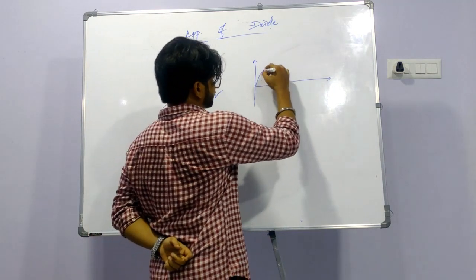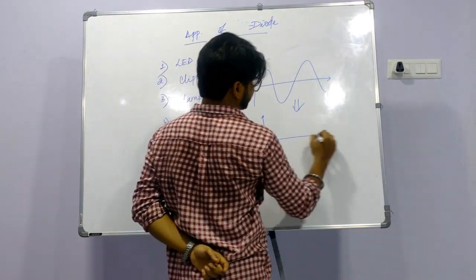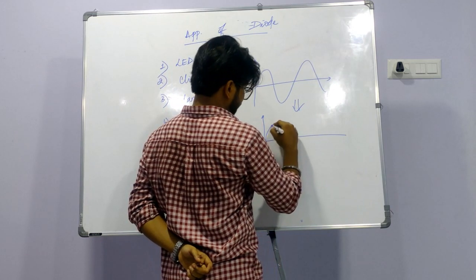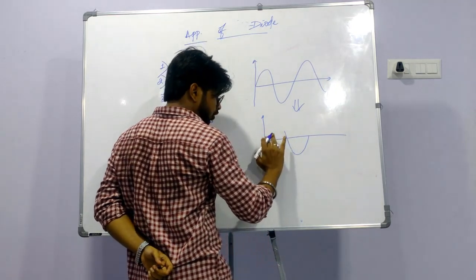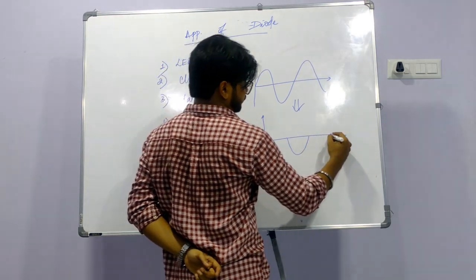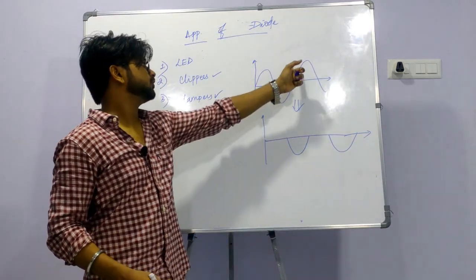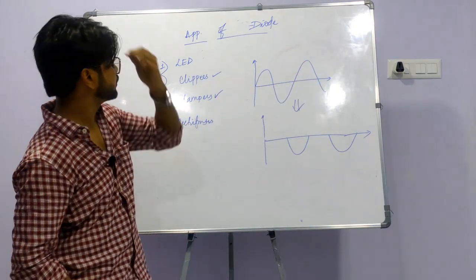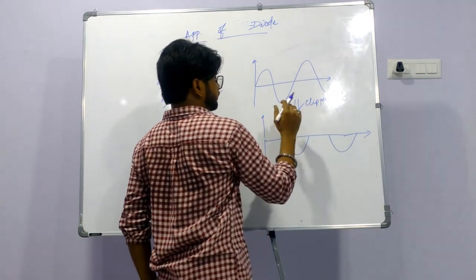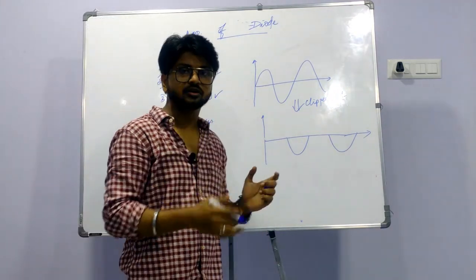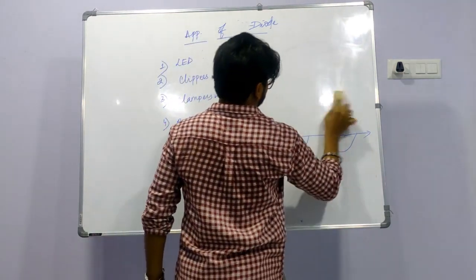Suppose we have an input sinusoidal wave, and in the output wave the upper half is missing in each oscillation, then we could say the input is given to a clipper circuit, which eliminates a certain area or range of the signal.